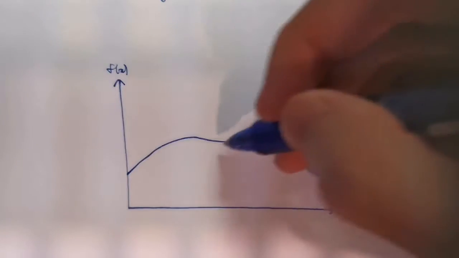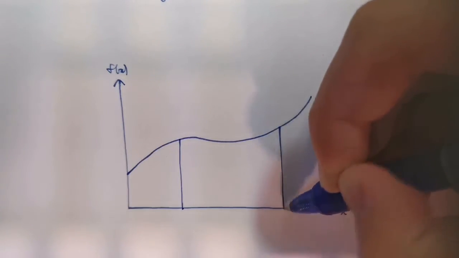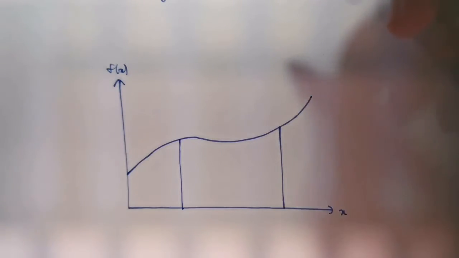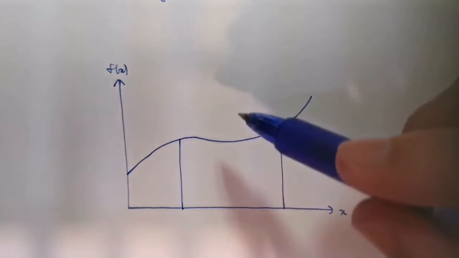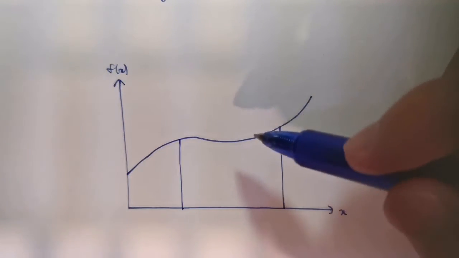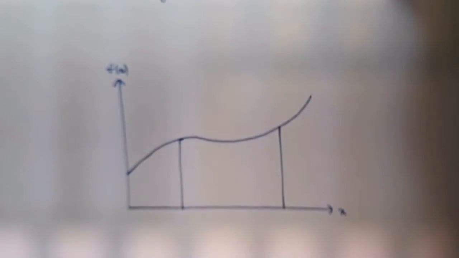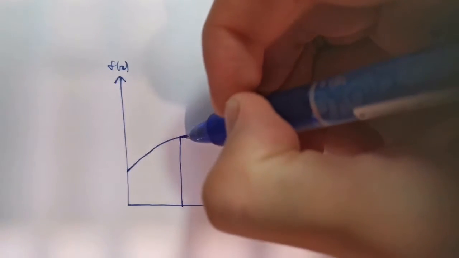So let's say you want to find the area under the graph here. Let's try and find an approximation of the area under this graph.